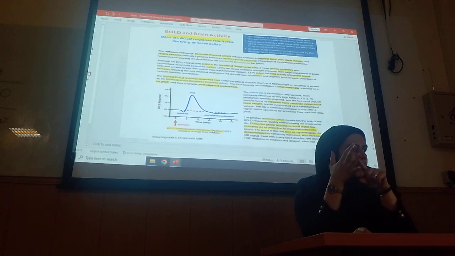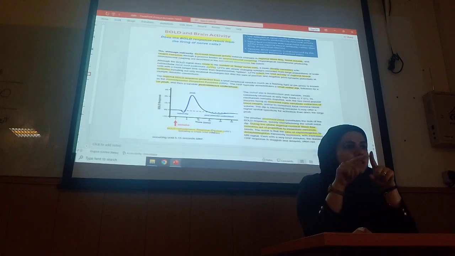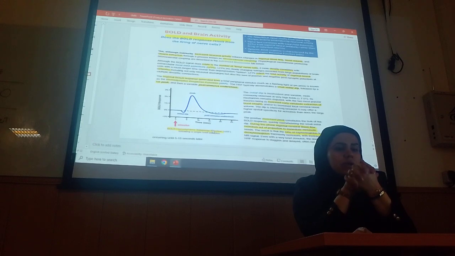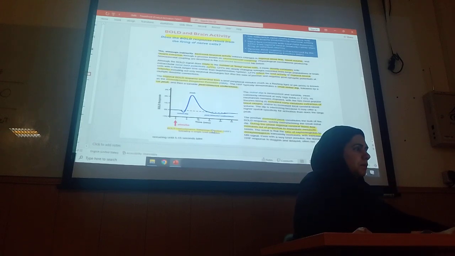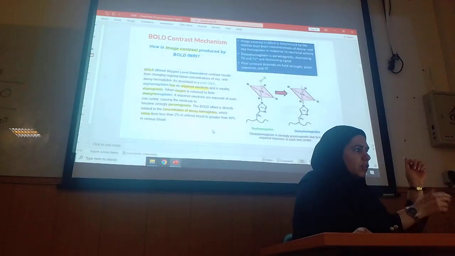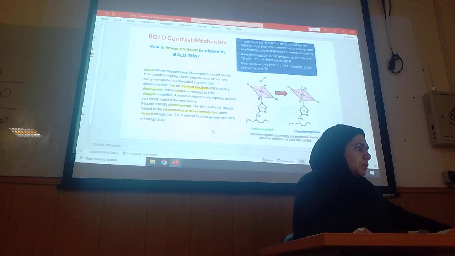It defines changes in blood flow, blood volume, which are involved in functional magnetic resonance. This factor is very important. Functional magnetic resonance imaging is a very interesting technique in MRI.